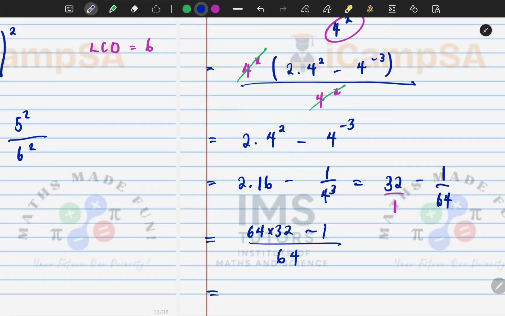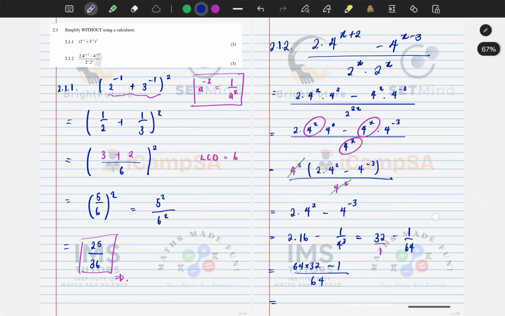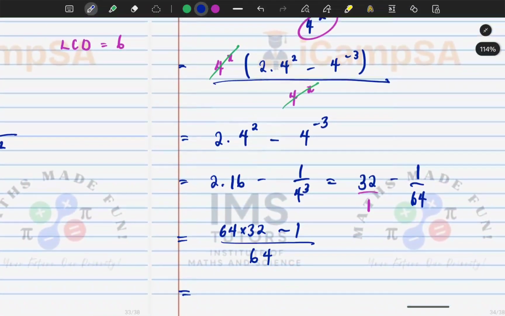I don't know what 64 times 32 is by heart, because they said without using a calculator. If you can solve it right there, you can, but 64 times 32 is 2048, minus 1, over 64.